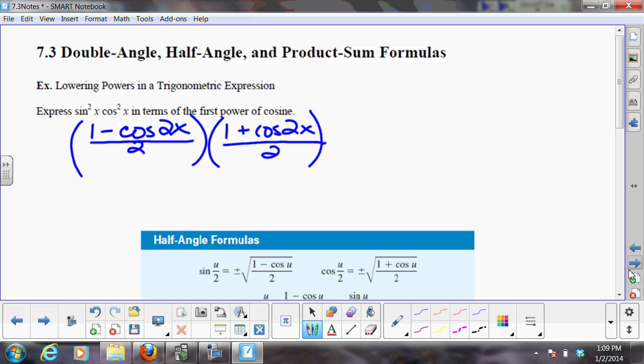Now we have two fractions multiplying each other. I'm going to factor out the denominators so I don't have to worry about them. I'm going to factor out a fourth, because 1/2 times 1/2 is a fourth. And the numerators are technically a difference of two perfect squares.